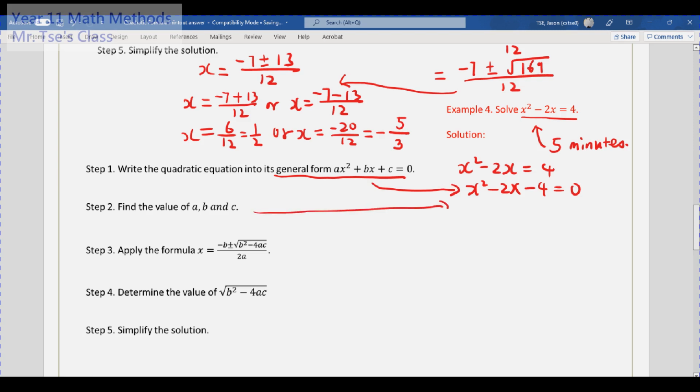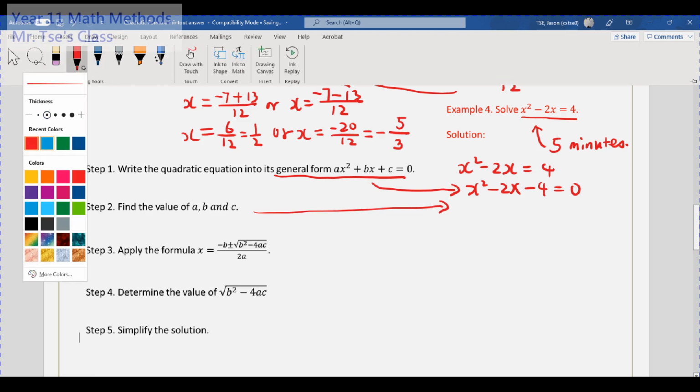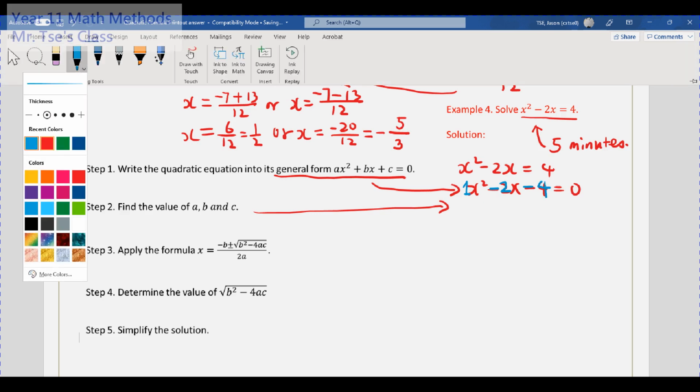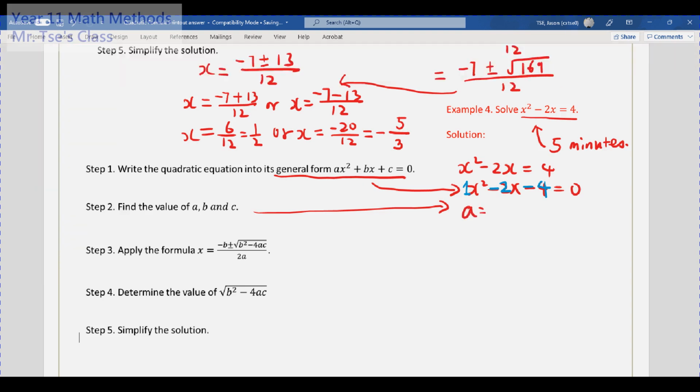Then I will get a, b, and c from that equation. You need to be careful here because there are lots of minus signs. The number in front of x squared is just 1, and you have minus 2 and minus 4 here. So A is 1, B is minus 2, C is minus 4.